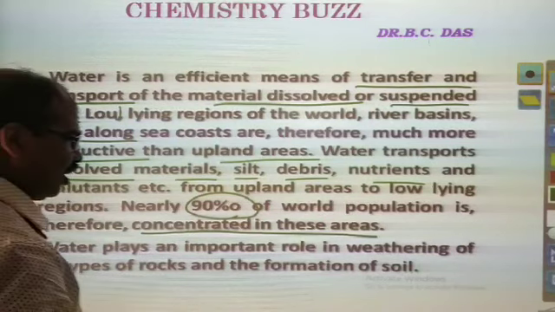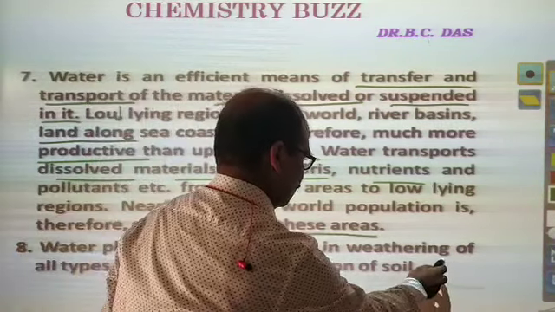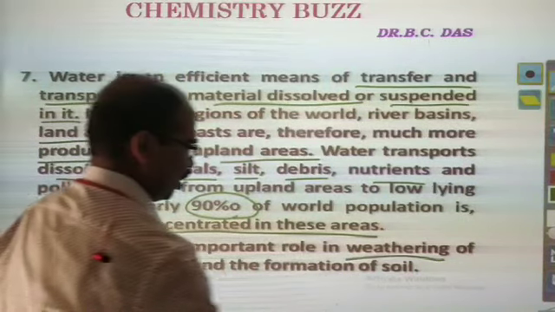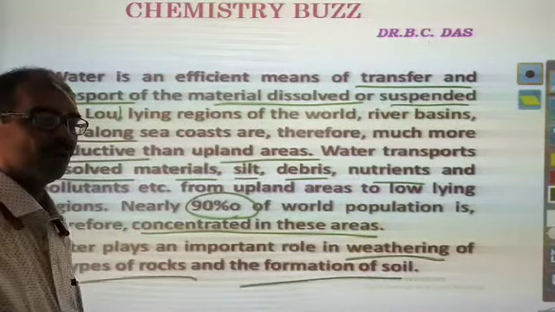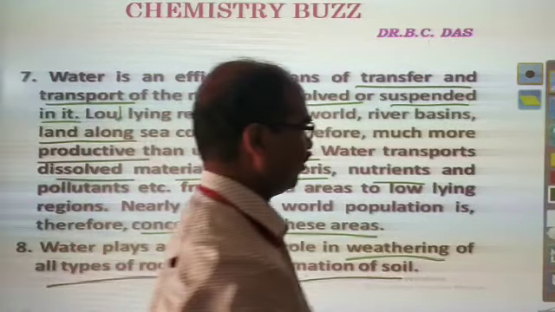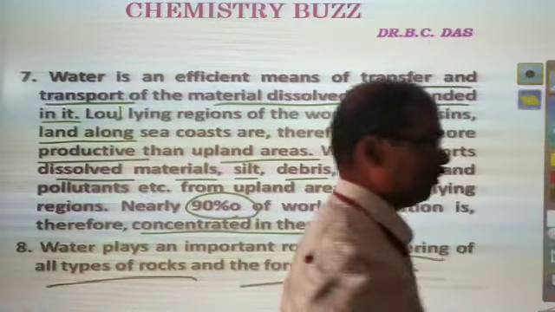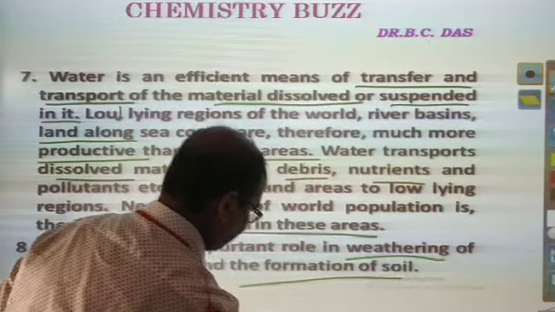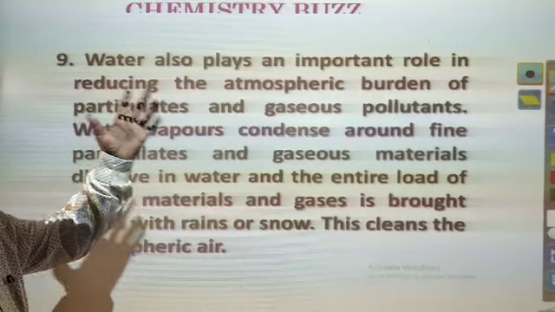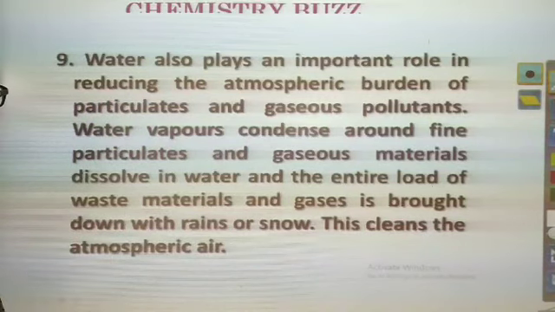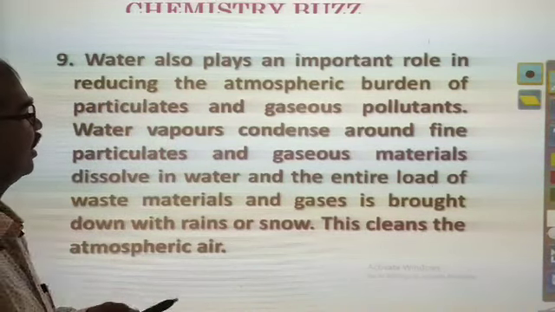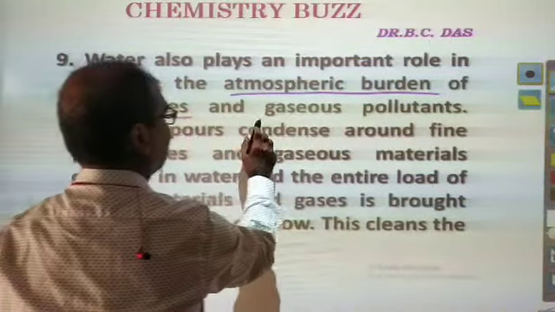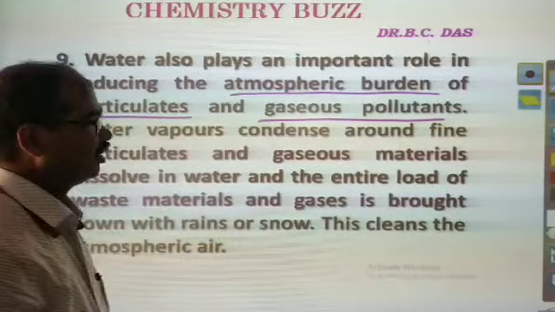Water plays an important role in the weathering of all types of rocks and the formation of soil. Rock weathering and soil formation are affected by water. Water also plays an important role in reducing the atmospheric burden of particulates and gaseous pollutants.